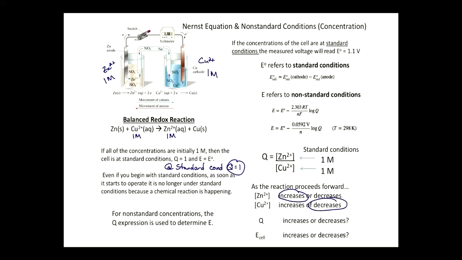So therefore, based upon how those are changing, how does the value of Q change away from 1 as this reaction proceeds? Based upon our answers right here, the value of Q goes up because the numerator is increasing in value and the denominator is decreasing in value. So what we see is that the value of Q increases as the reaction runs further and further and further, all right?